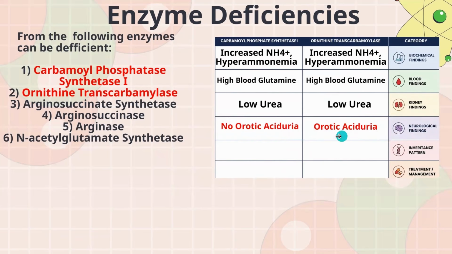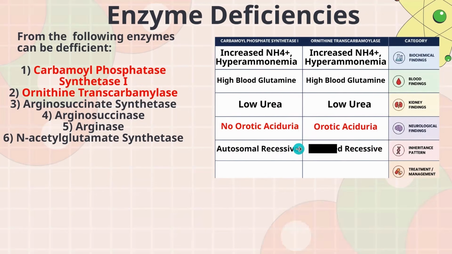Here, there is orotic aciduria. Basically, here you have high NH4, high CO2, and you're not converting it. Here you have carbamoyl phosphate, and it retains NH4 plus. But in ornithine transcarbamylase, there's something important that's produced. Oh wait, let's talk about the other things first. I'll explain this part, I promise.